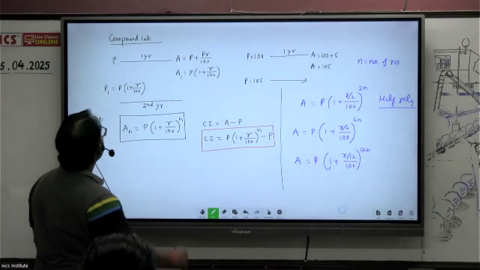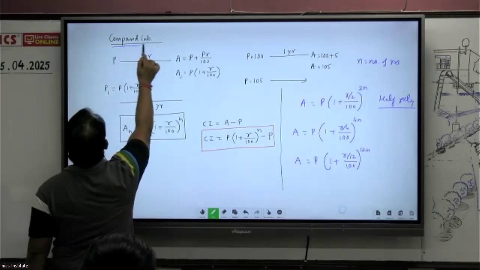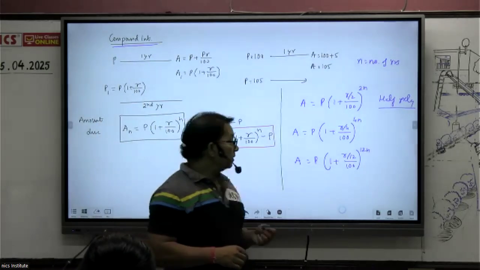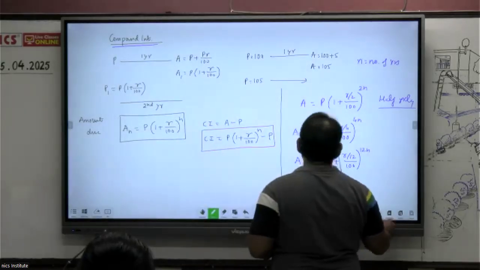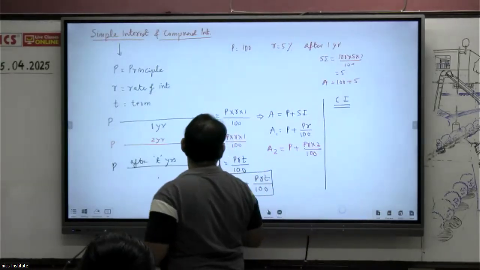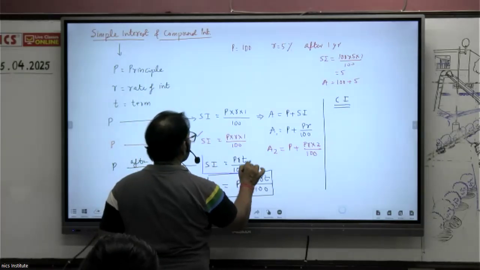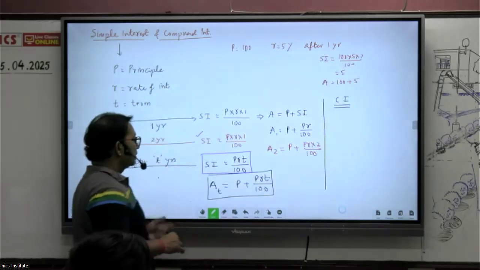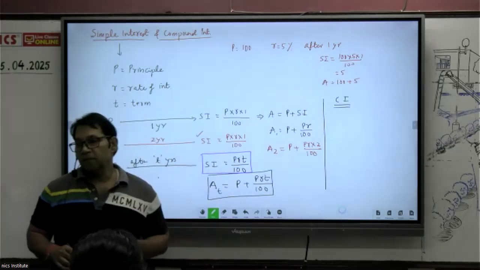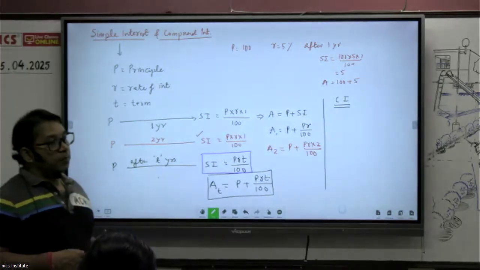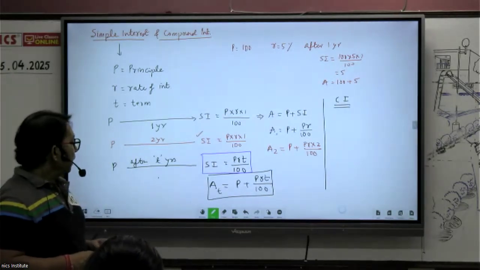So in compound interest, you add interest to the principal and calculate the interest again. Whereas in simple interest, the formula is PRT by 100. Write this down also: simple interest is PRT by 100 and amount is principal plus PRT by 100.